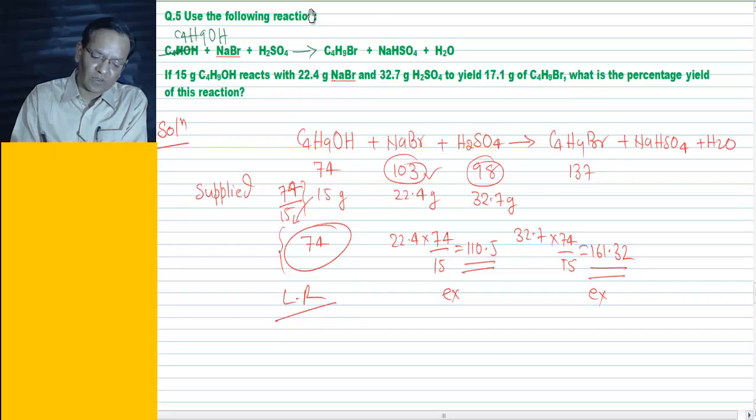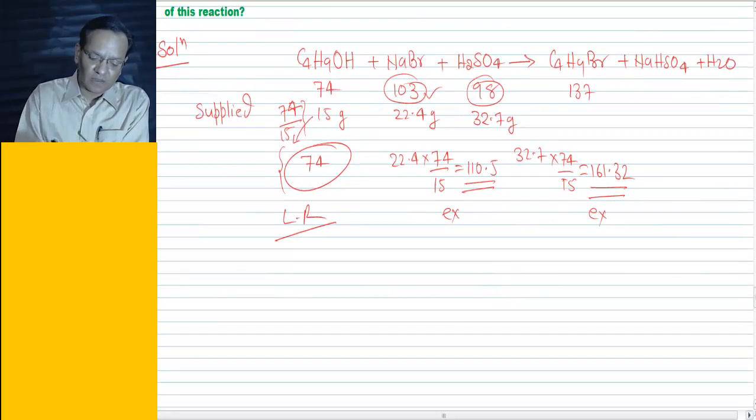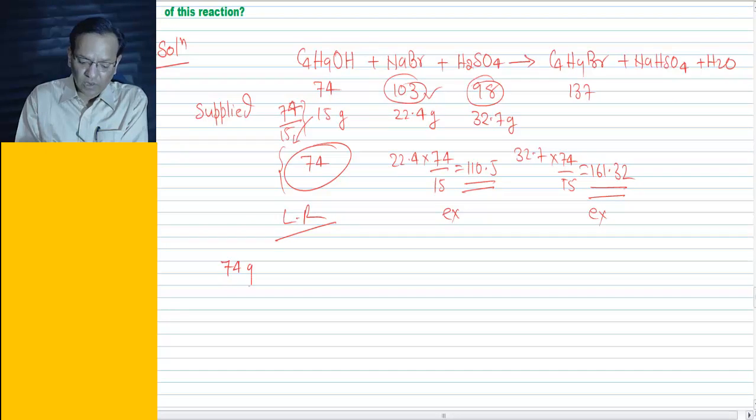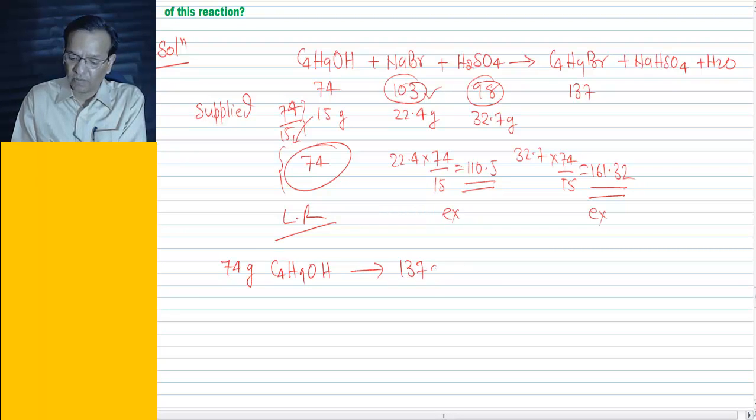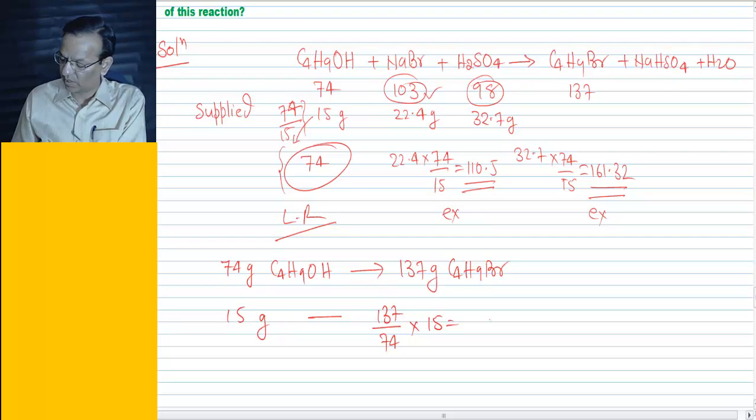So 74 gram of C4H9OH gives 137 gram C4H9Br. So its 15 gram will give 137 upon 74 multiplied by 15.